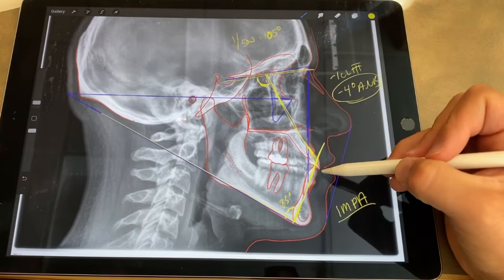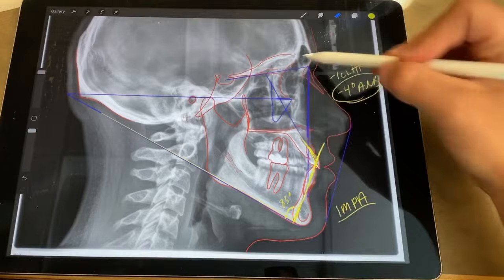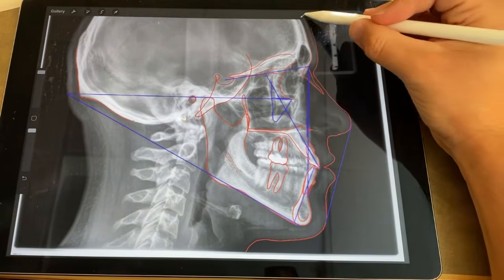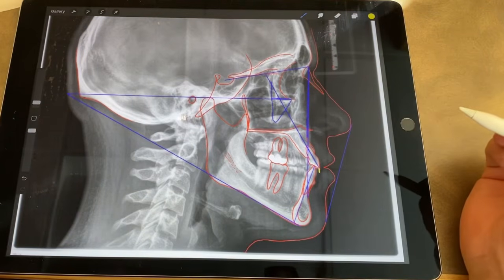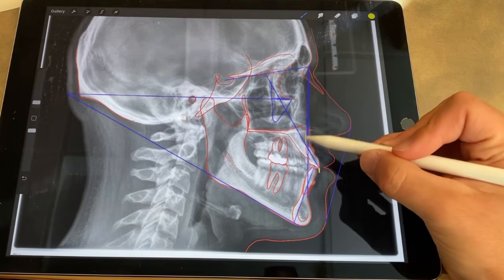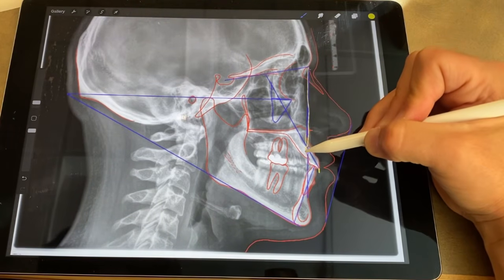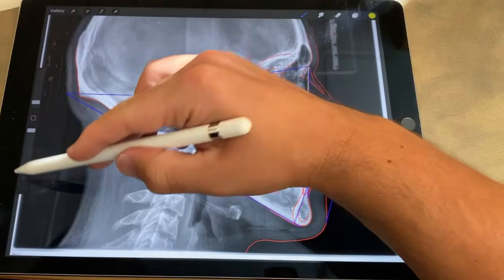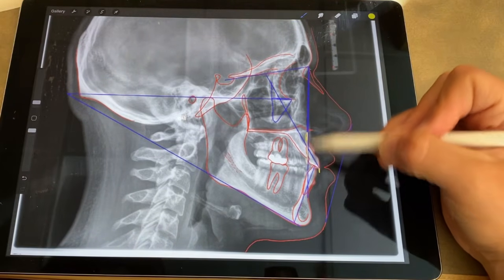Another number here would be, let's erase this though, because it's a lot to look at. So here is the tip of the front incisor, right? And then that SNA line is about right here. It's a little bit behind SNB.